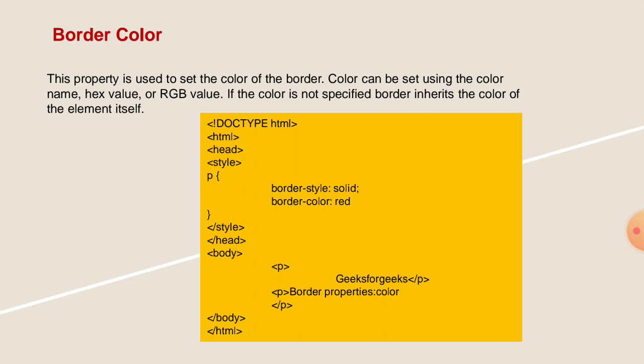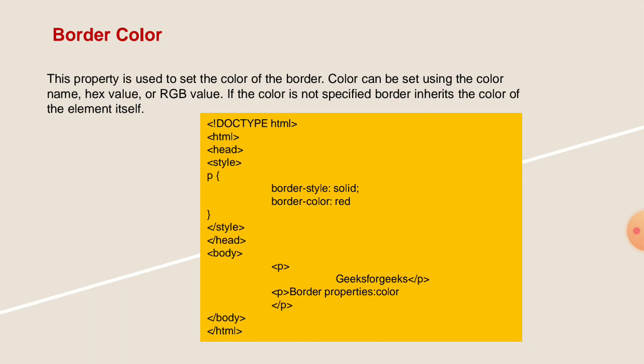Now border color. When we want to change the border color, we use the border-color property, which is used to set the color of borders. The color can be set using a color name, hex value or RGB value. If the color is not specified, the border inherits the color of the element. Here is our example.